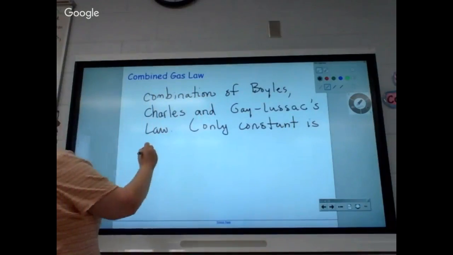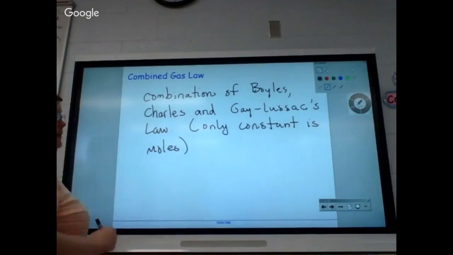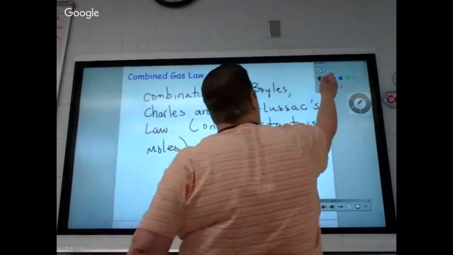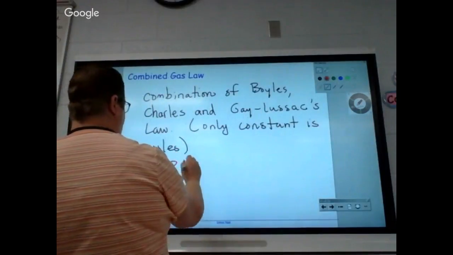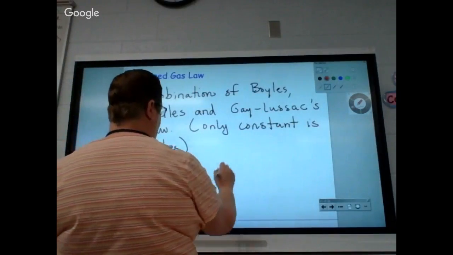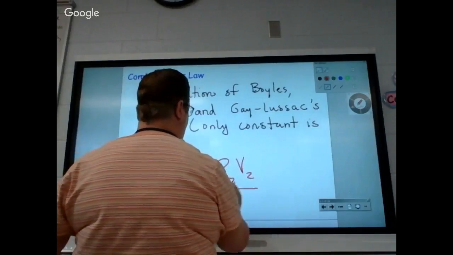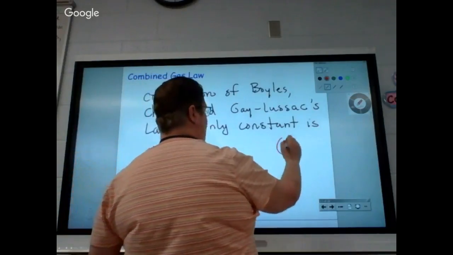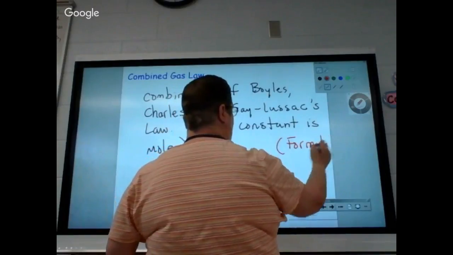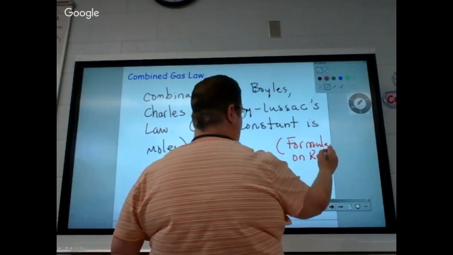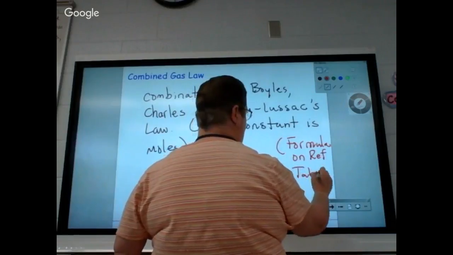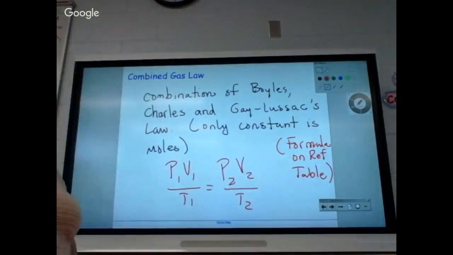Now, this formula is actually on the reference table. It's the only formula on the reference table that we've done today. None of the other formulas are on the reference table.